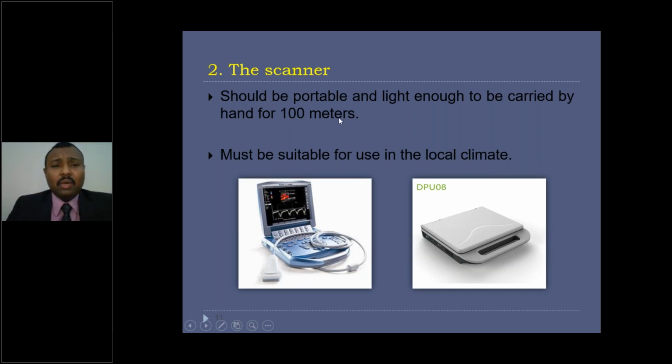It can be held by hand, it's light enough. And here we come to the view when we lock down the monitor, and you can see here it can be handled from this handle easily from one area to another. And again, your scanner should be suitable to the local climate where your scanner is going to be used.